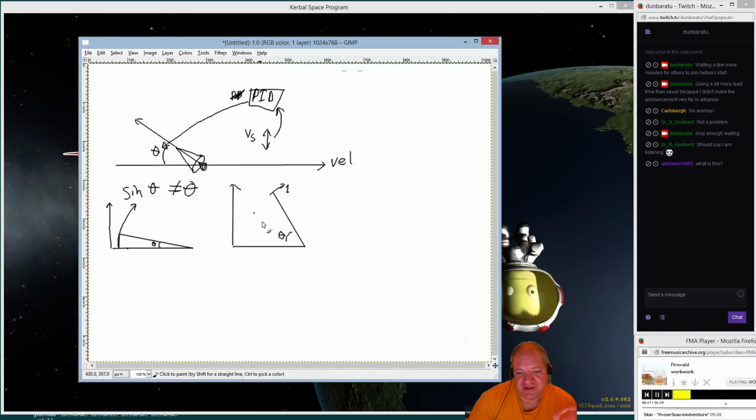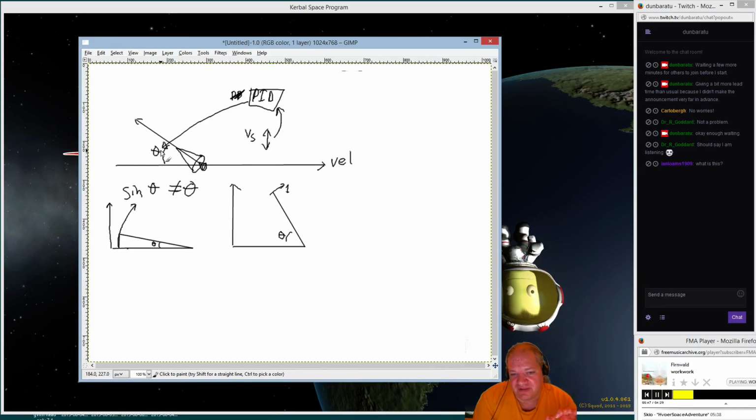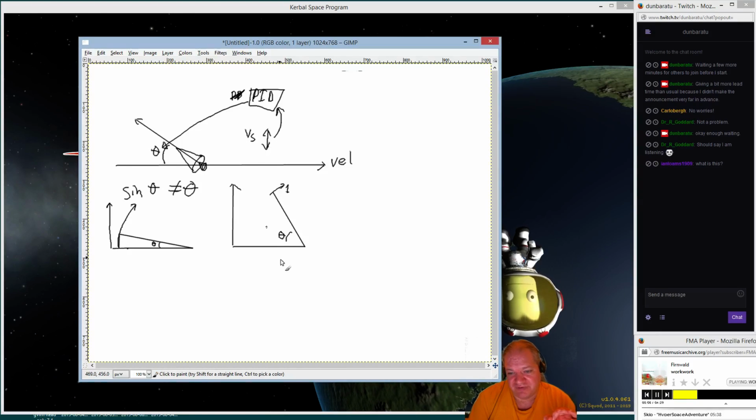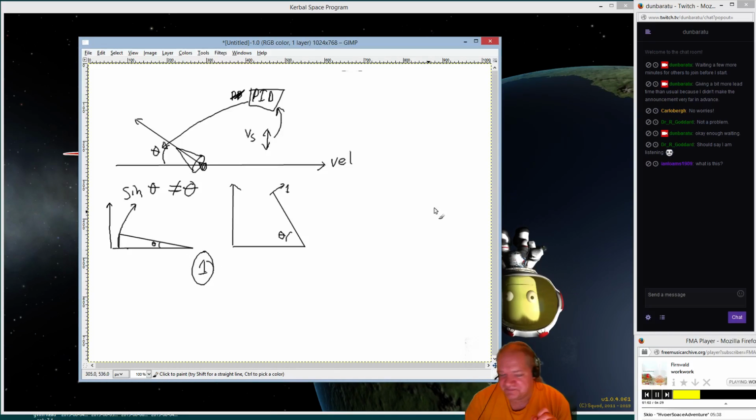And so this ends up making the PID controller operate on a thing that isn't quite linear. The angle, when it's small, is relatively close to being linear with the change in vertical velocity, but it stops being linear with it when the angle starts getting big. So this is problem number one. But that wasn't really the problem we were running into, but it is a problem.